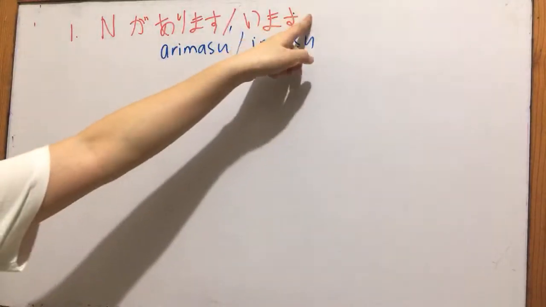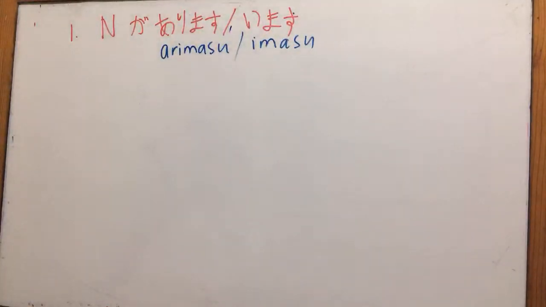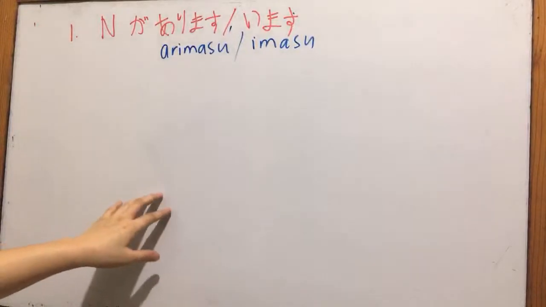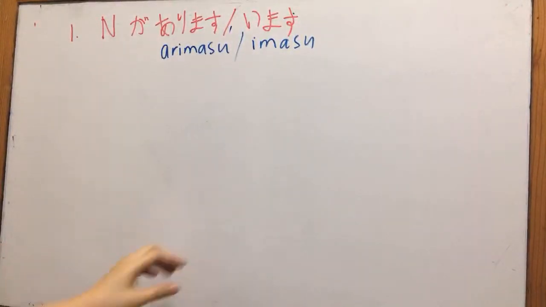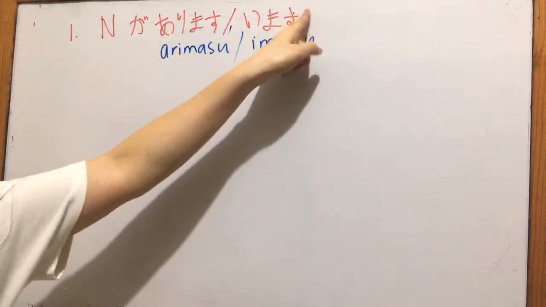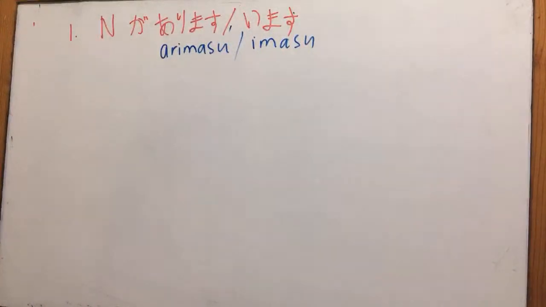Arimasu for inanimate things. We have this sentence pattern, and this is used to indicate the existence or presence of a thing or person. If you use imasu, it should be, for example, for persons, pets, animals. Things is for arimasu.